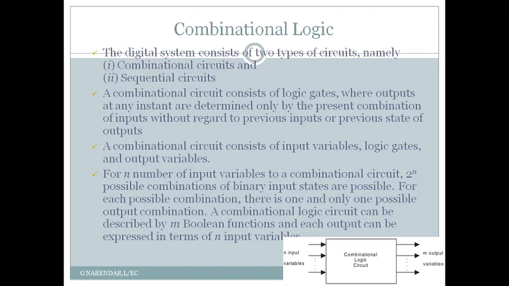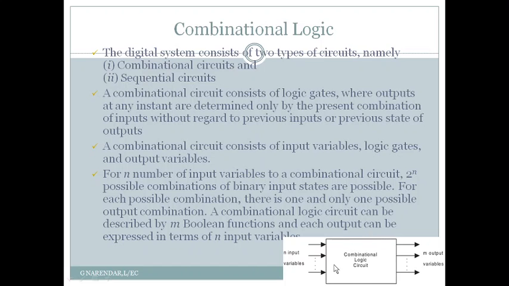Such a type of circuit in general is called a combinational logic circuit. So now what I can say about a combinational logic circuit is it consists only of logic gates and certain input variables and certain output variables. Here I have shown the block diagram of a combinational logic circuit.